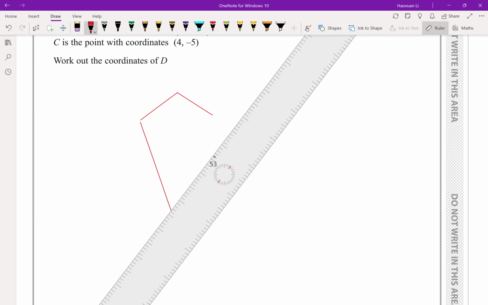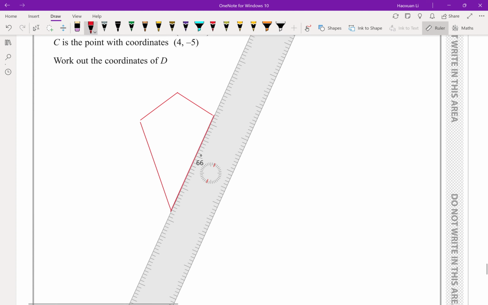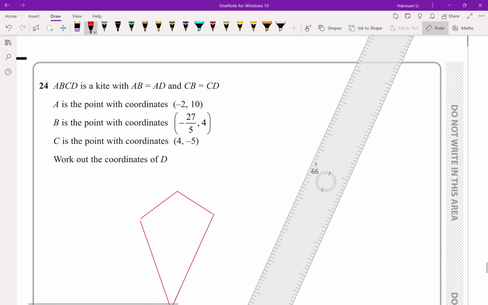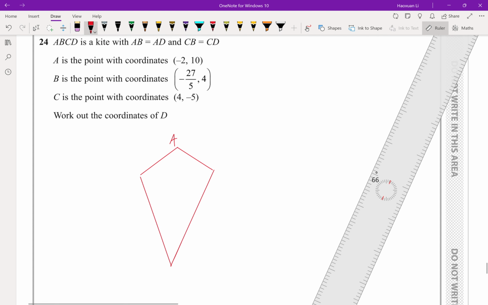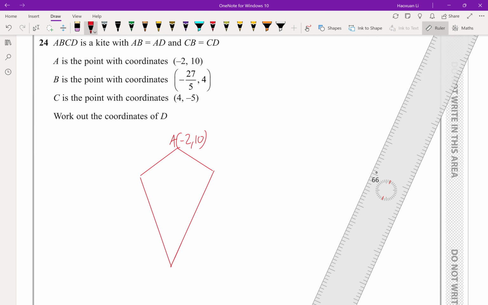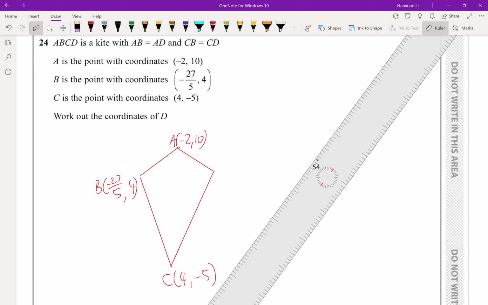Then they will meet at a point. Okay, so A has coordinates -2, 10. C will be 4, -5, and B will be -27 over 5 and 4. So therefore, first we can find the equation between A and B.